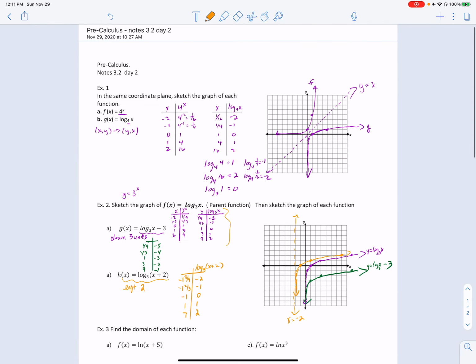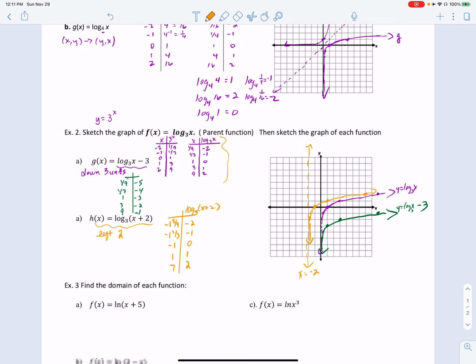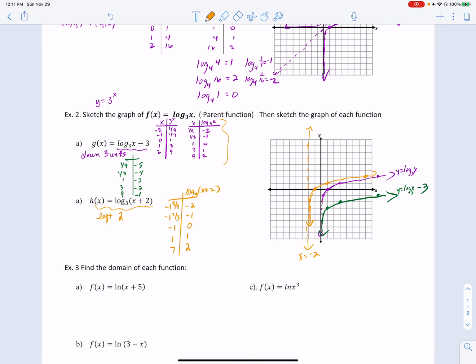Now let's look at some of the characteristics here. Since I'm in this one, this means that I have a vertical asymptote at x equals -2. I don't have the y-intercept because it's kind of something a little strange, so we're not going to worry about that on that one. For this function, log base 3 of x minus 2, you have a vertical asymptote of x equals 0.